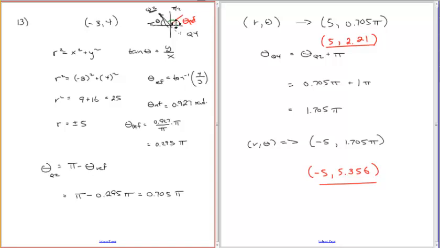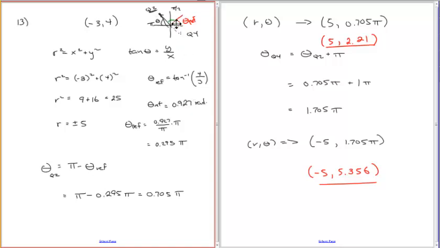The way we find this angle is we calculate the reference angle, which is in the first quadrant, by taking positive 4 divided by positive 3. Just take the positive x and y values. We find that it's 0.927 radians, or 0.295 pi radians. If you take this times 3.14159, you get 0.927. So that's the reference angle.